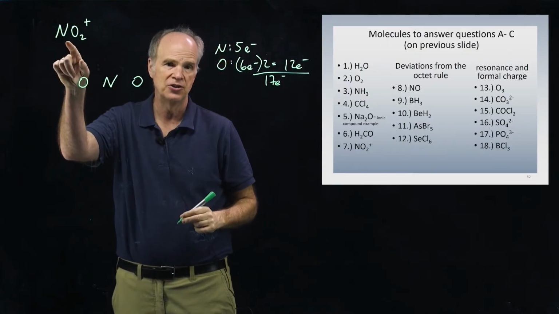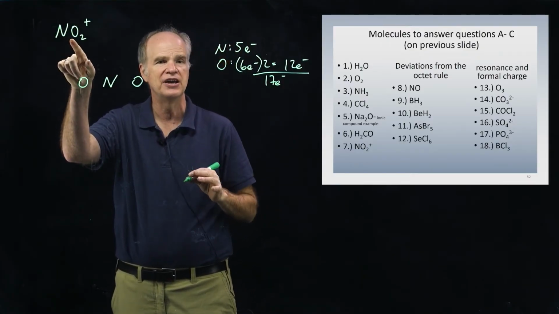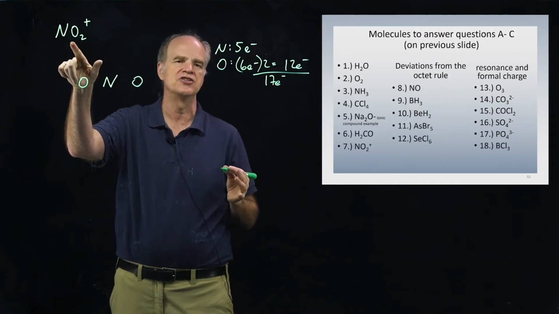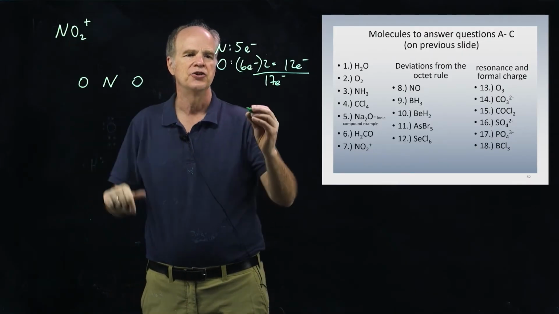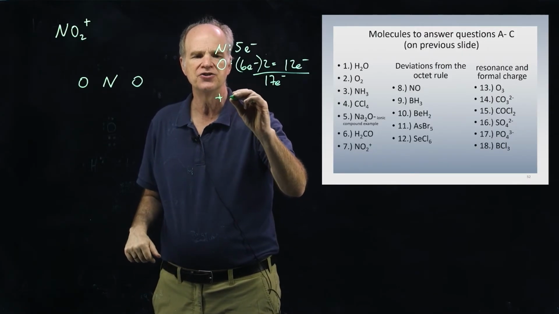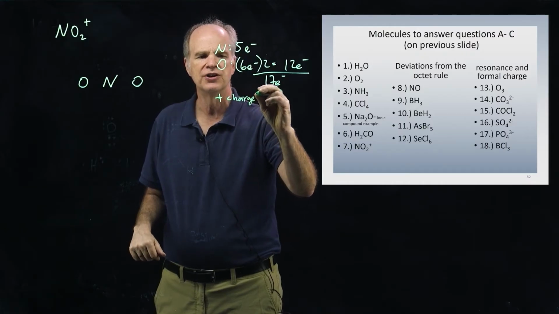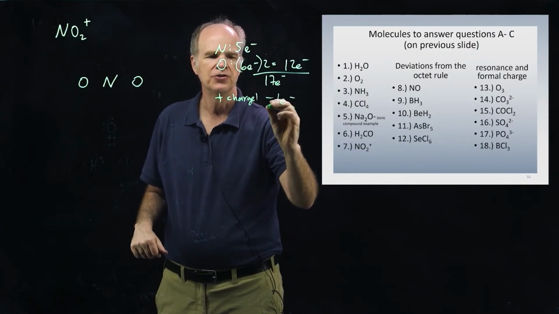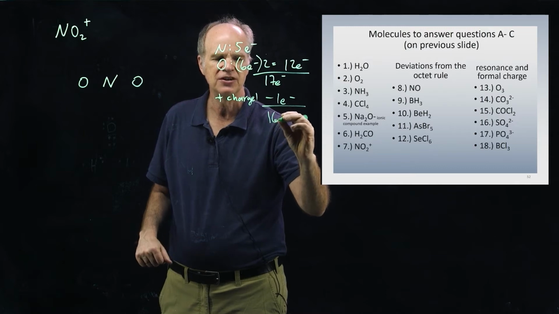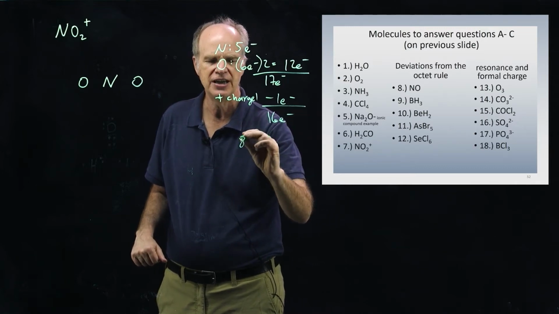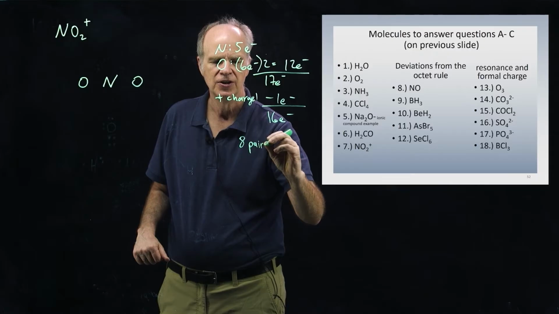But note that this molecule has a positive charge. You've already learned that when a molecule has a positive charge, it's deficient in 1 electron. Because this is positively charged, we have to remove an electron from the count. So really, we have 16 electrons to deal with, which is 8 pairs.